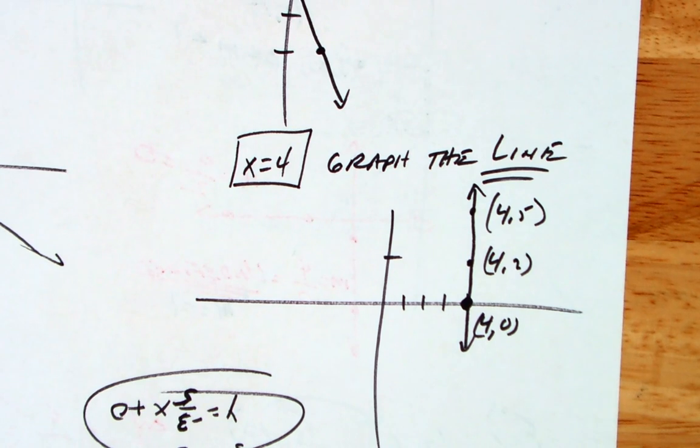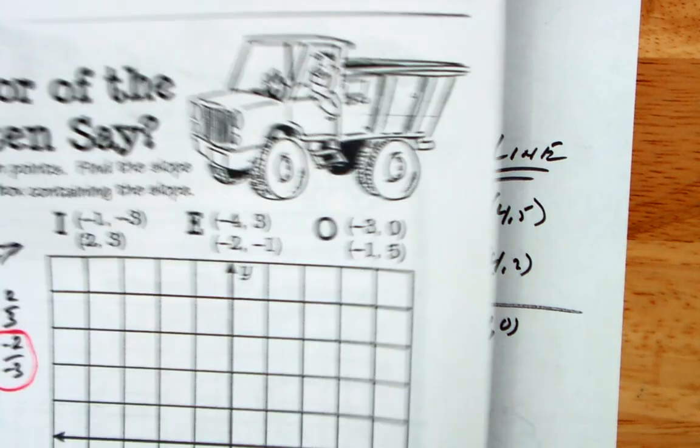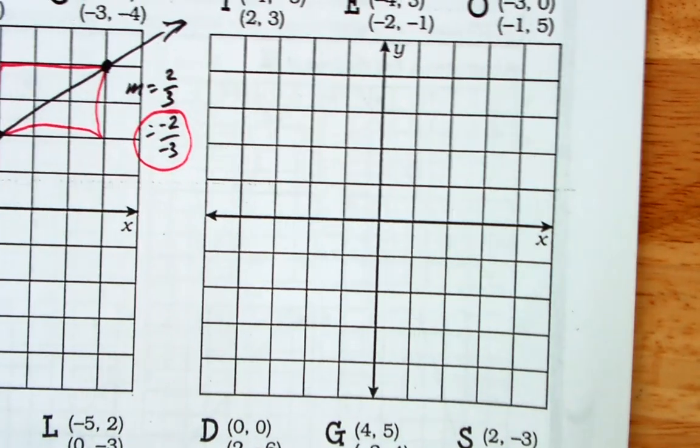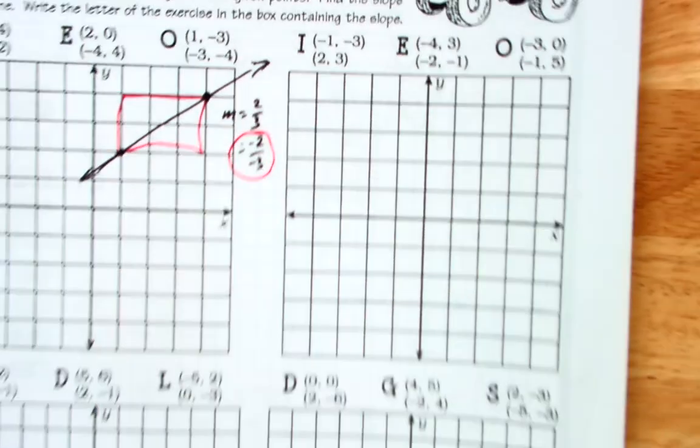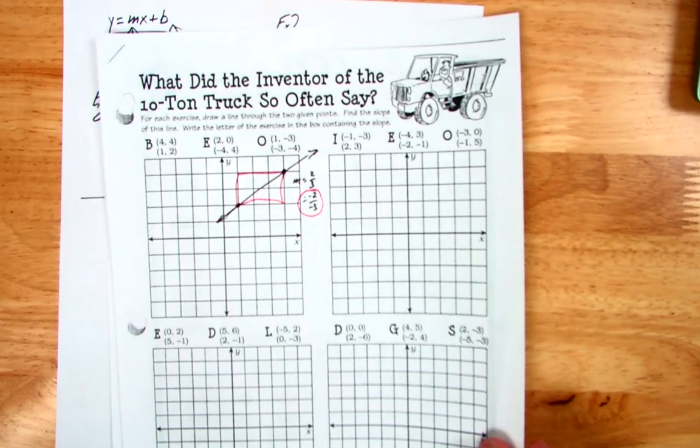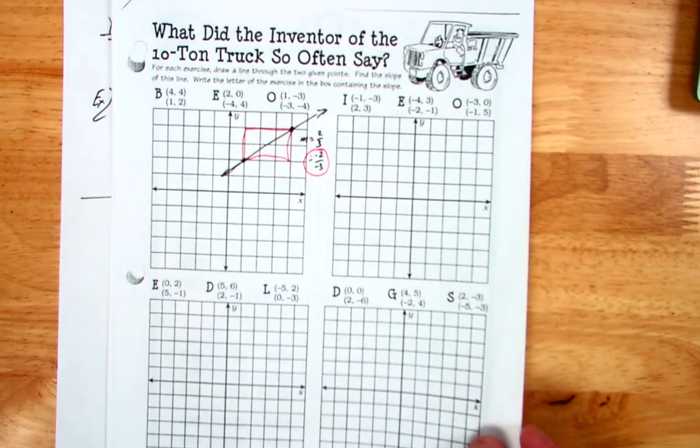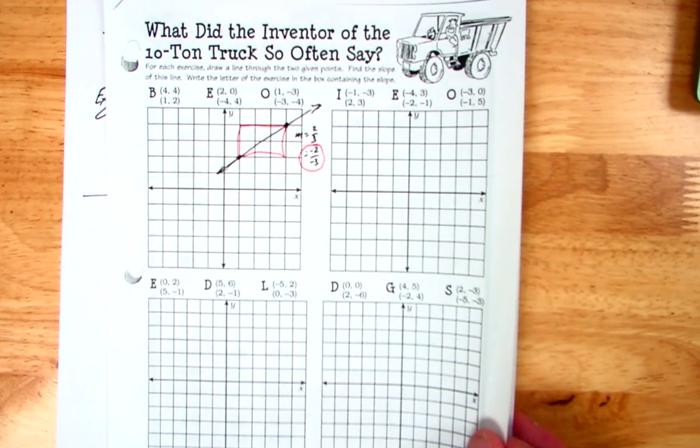Okay, so I'm going to give you time to work today. Here we go. This front page, like I said, easy peasy. Plot points, count your slope. Making sure that all your skills are up to snuff.